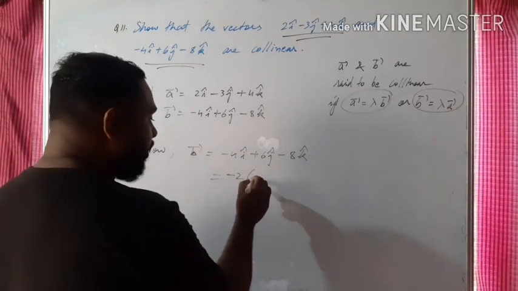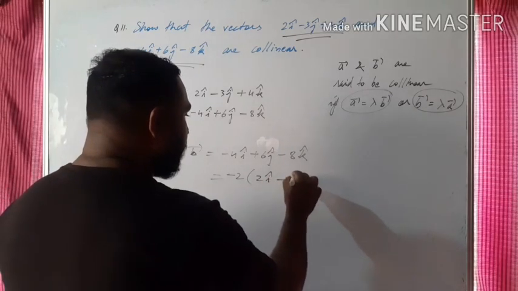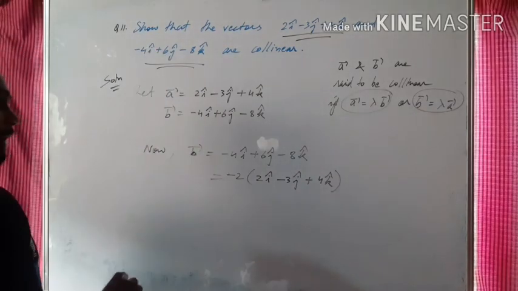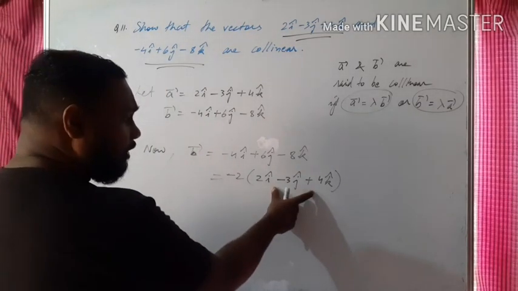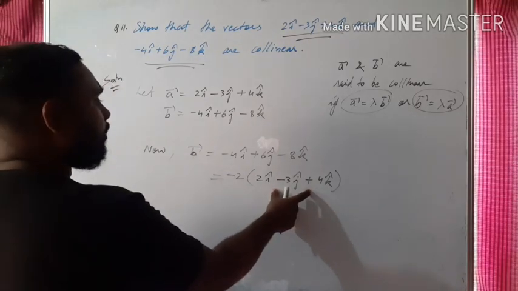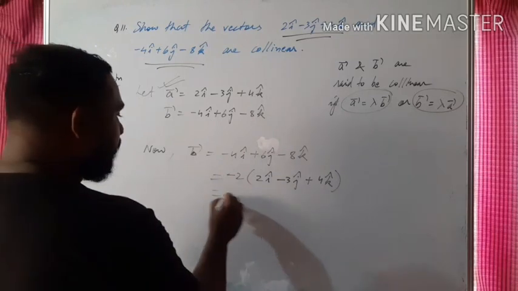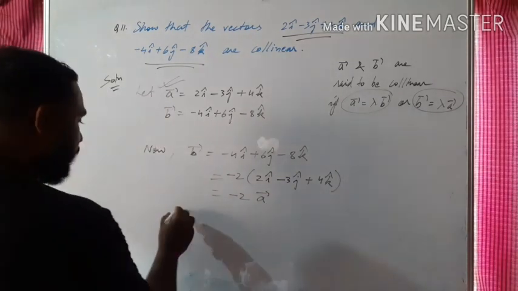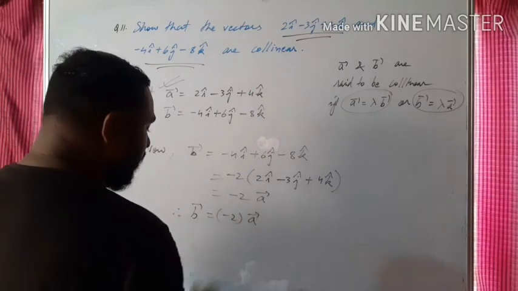Then b can be written as minus 2 into 2i minus 3j plus 4k. If I take minus 2 common from b, I am getting a vector inside it, and this is nothing but the a vector, isn't it? So I can write minus 2 into a vector. Therefore I have got b is equal to minus 2 into a vector.